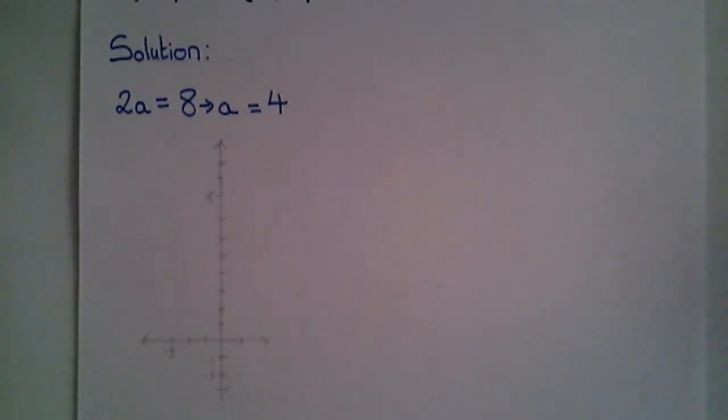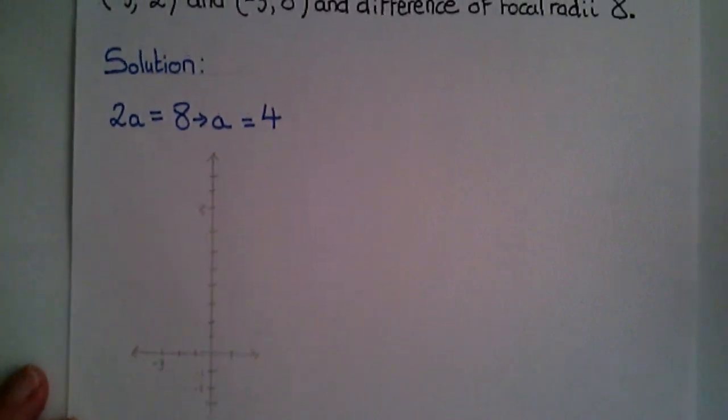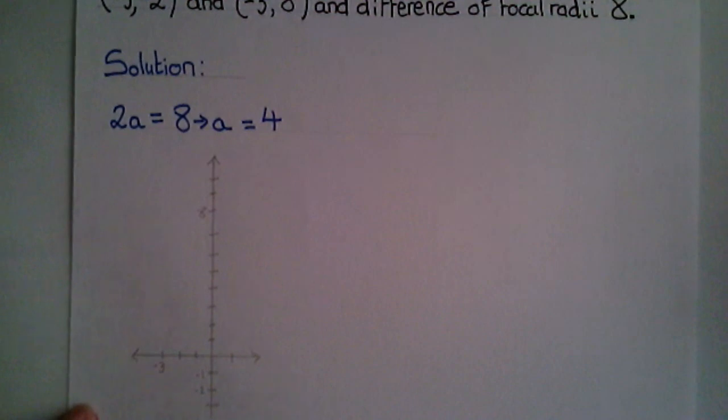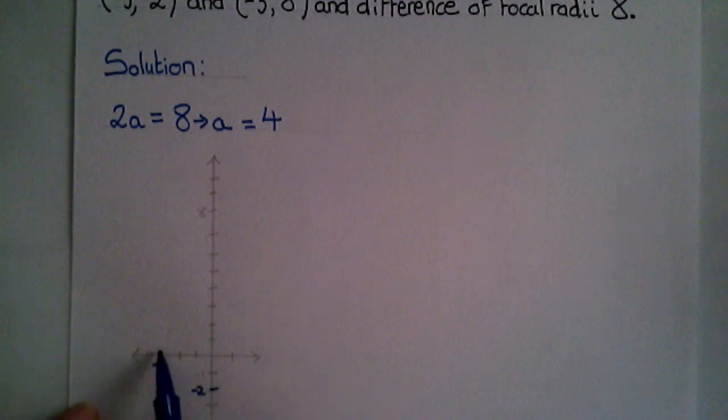Now, you don't have to draw a coordinate plane. It's just that I want to show you visually where those points are for the foci so that you know. We've got -3, -2. So if I've got -3, -2 here, that's one of my foci that I've been given.